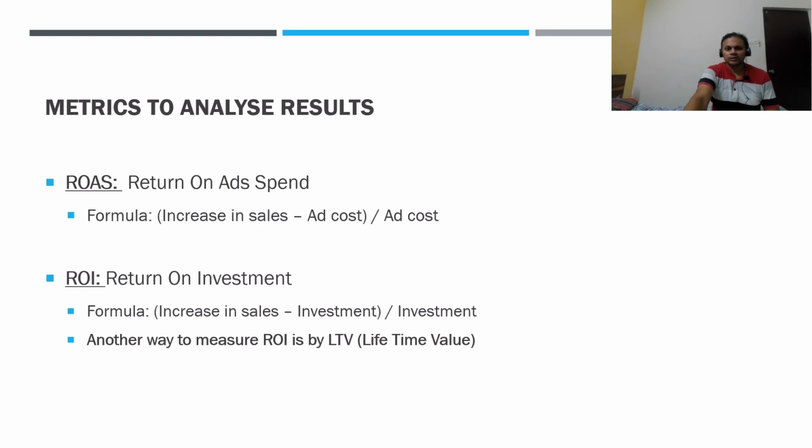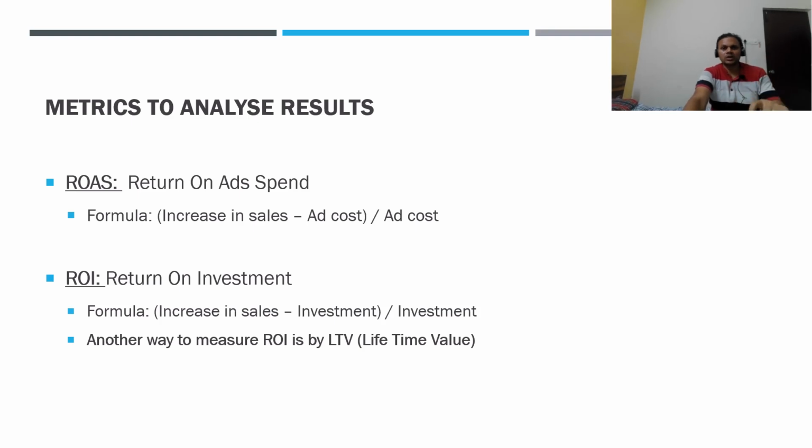The next metric we're going to discuss is return on investment. Return on investment can be measured in 2 ways. The first one is similar to what we did with return on ad spend, whereas here the difference is that instead of the ad cost alone, you will also look at the entire investment that you had made. So let's say you launched a product, and instead of thinking only about the ad cost, what was the cost of production of that product?